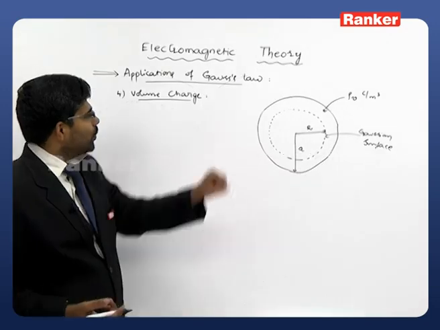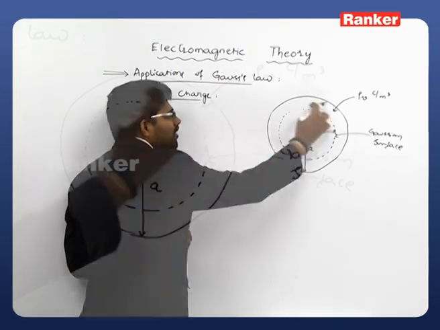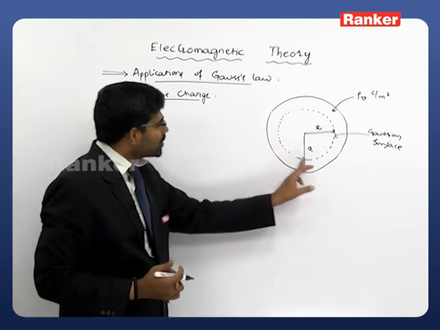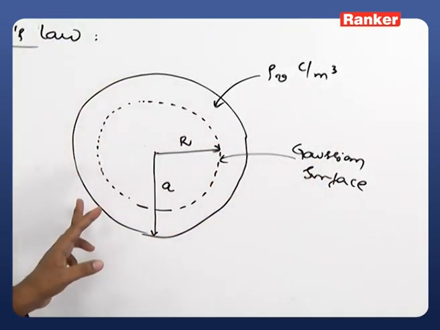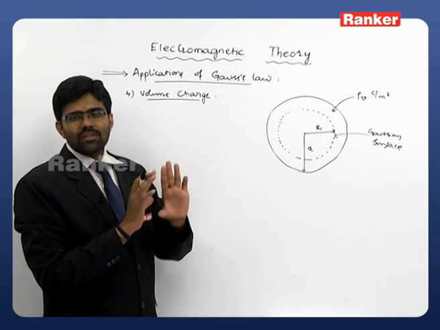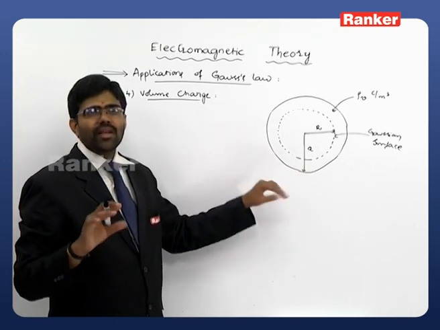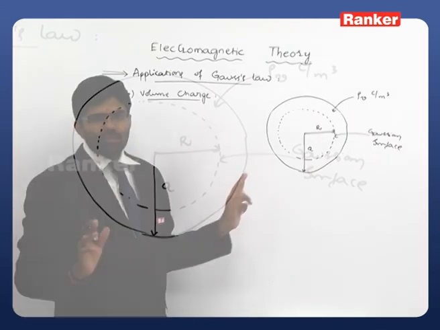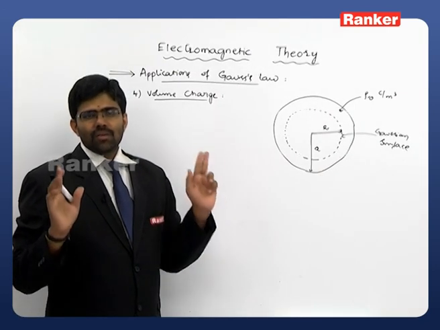Now we need to obtain what will be the electric field intensity here. For that, once again calculate the total flux leaving through the Gaussian surface. Here remember, don't take our original charge while calculating the total flux. Always consider the Gaussian surface only while calculating the flux.